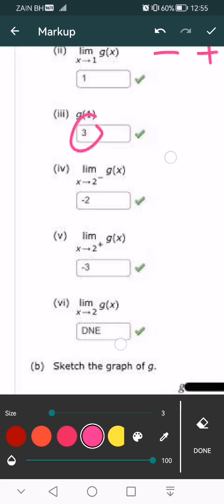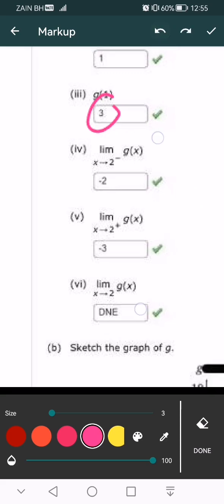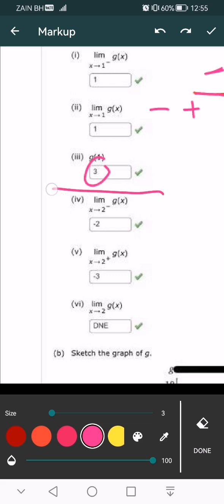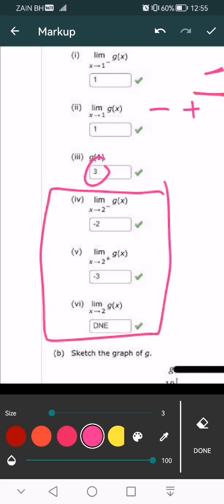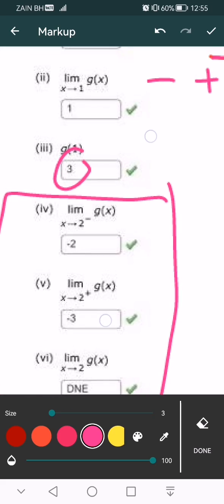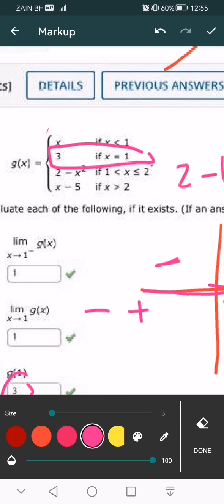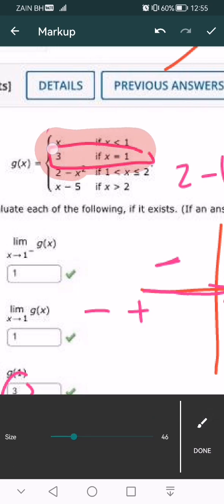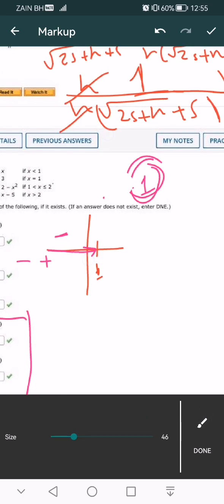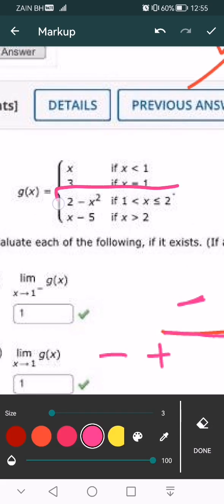Now you will see this thing, which is also very important: the limit as x goes to 2 from the left side. What does from the left side mean? It means less than 2, so you have to substitute in the piece where x is less than 2.